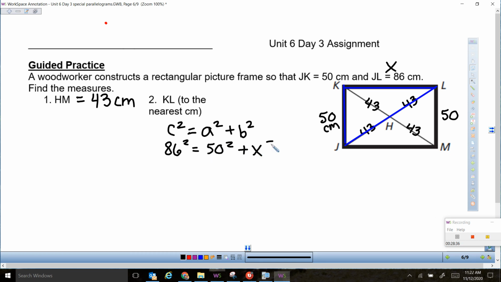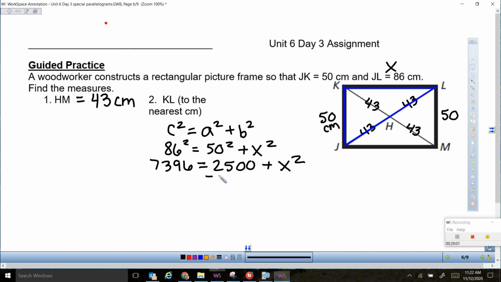plus X squared. What is 86 squared? 7,396. That equals, what is 50 squared? 2,500 plus X squared. Get rid of the 2,500. How do we get rid of the 2,500?